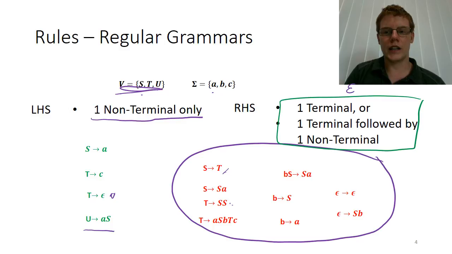Other things that we can't have include anything where the left-hand side is anything other than one non-terminal. So epsilon on the left is not allowed, any terminals on the left are not allowed, and any multiples of non-terminals on the left are not allowed.